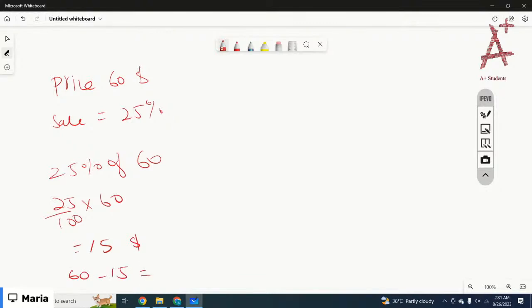So 60 minus 15 is 45. That is the sale price, because you have 25% off. 25% of 60 is 15. So the sale price is 60 minus 15, that would be 45.